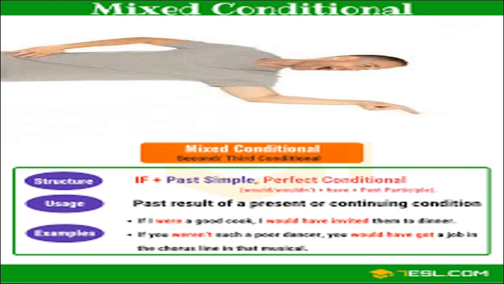Now let's get into the second formula. This formula presents an unreal condition in the present that changes an unreal outcome in the past. Or in short, the present changes the past.